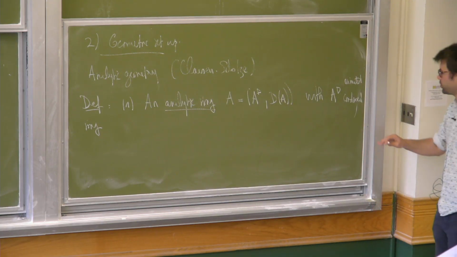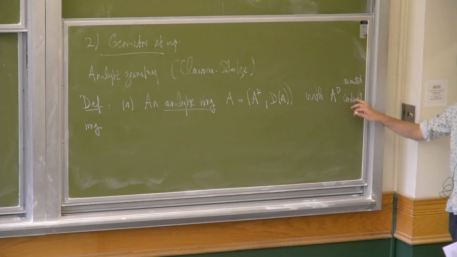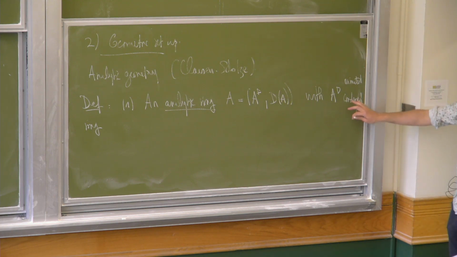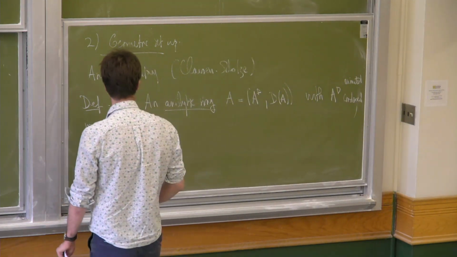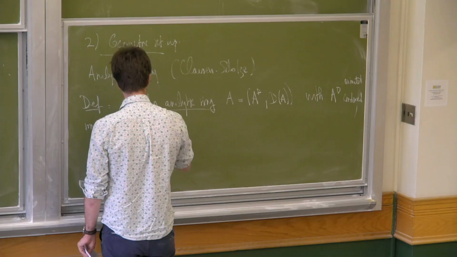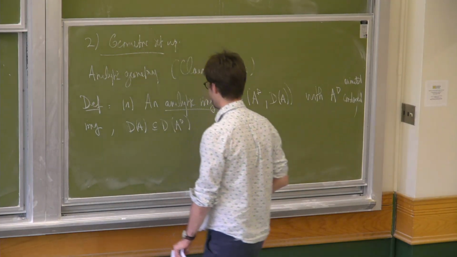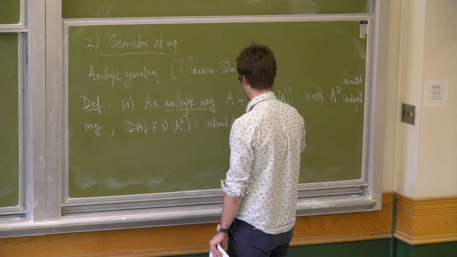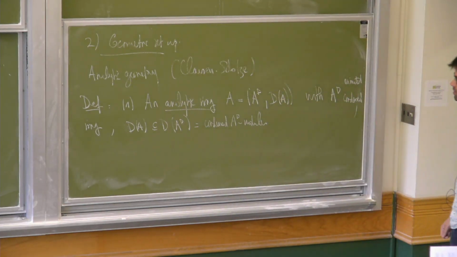If you don't know, for many things I will say, you can also just assume that it's static, not derived. And if you don't know too much about condensed mathematics, you can also, as a first approximation, imagine that this just means topological. And then 𝒟(A) will be a certain full subcategory of the derived category of condensed A-modules, which has certain properties.